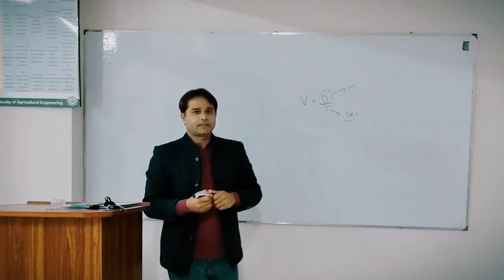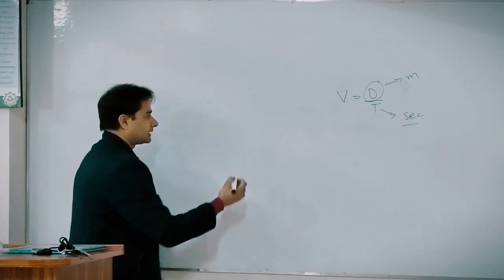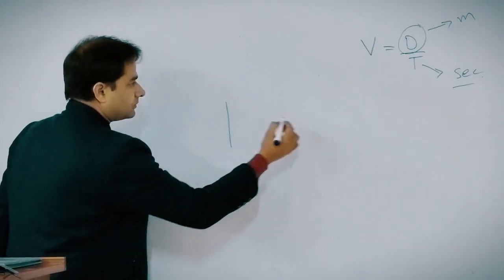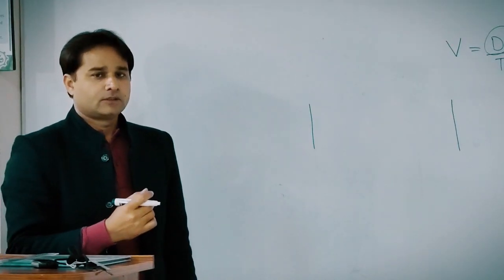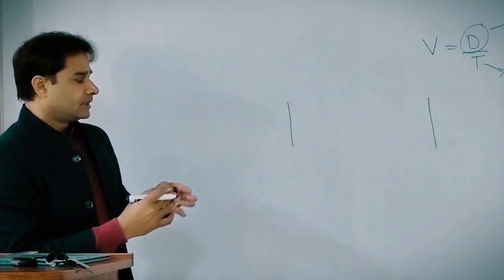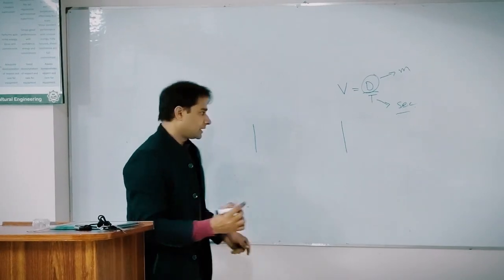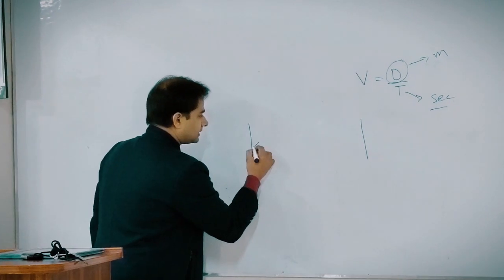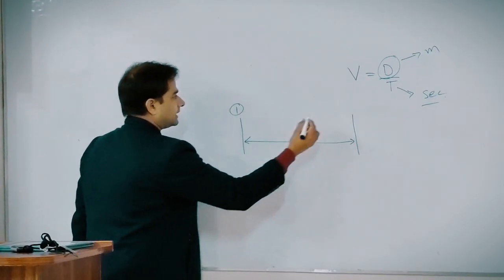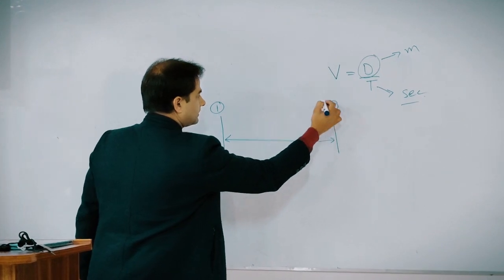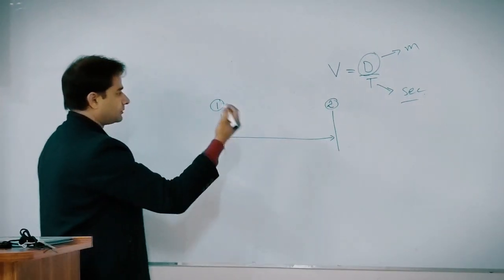In this area velocity method, as I told you, we have to fix a portion of the channel. We call that portion the channel reach. We have to measure the distance between these 2 points. Let's suppose this is point A, and this is point 1 and point 2.